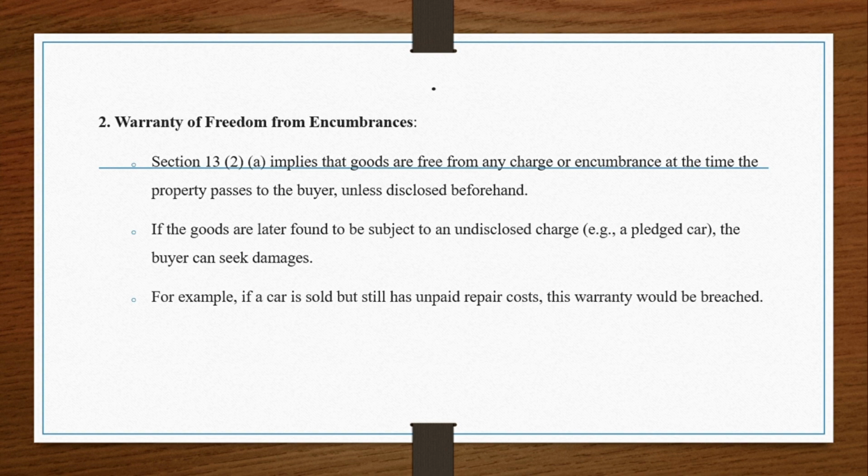So if goods are later found to be subject to any undisclosed charge, for example, if a car is sold but it still has unpaid repair costs, so this warranty would be breached. So the goods must be free from any charge or encumbrances at the time property passes to the buyer, unless they disclosed it before that this car has unpaid repair costs.